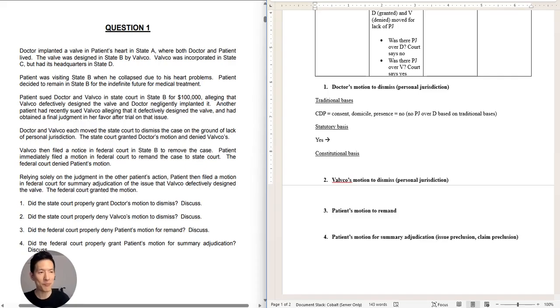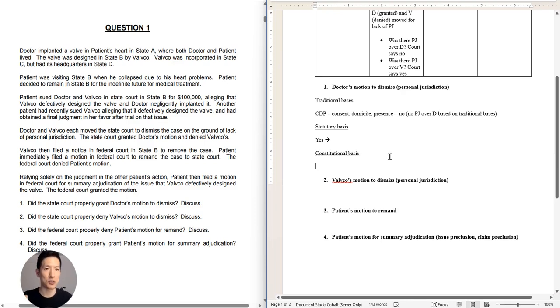There are multiple things to look at, but again, it's pretty straightforward. If you know what happened in the fact pattern, you can probably break it down and then go through it pretty quickly. So what is required for a constitutional basis to have personal jurisdiction over a defendant? Well, according to international issue, we need minimum contacts.